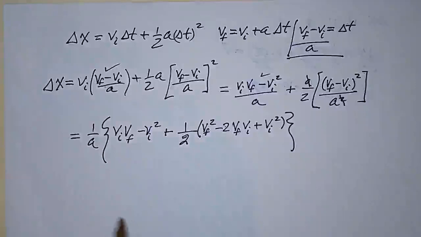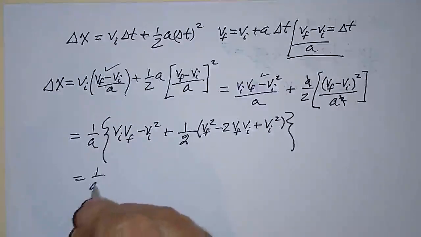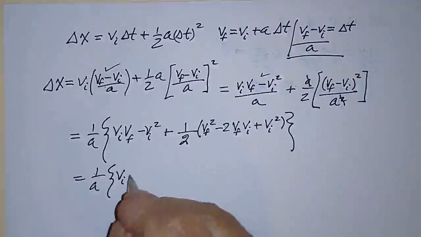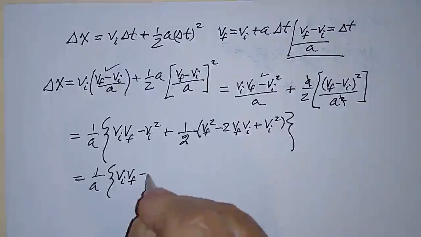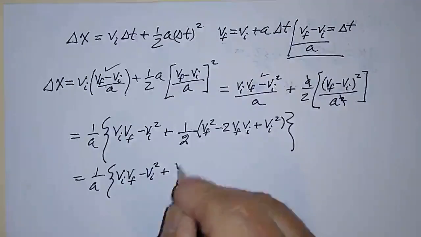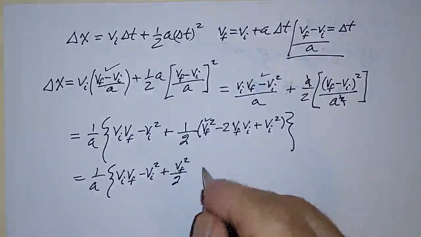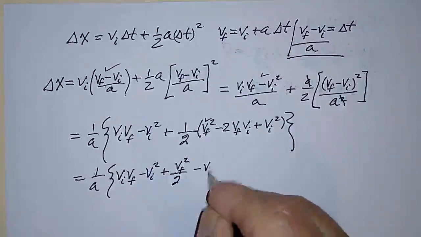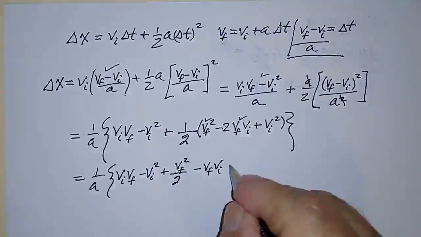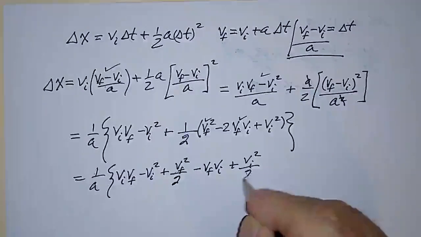And then I can just simplify this a little bit and write this as 1 over a times v initial times v final minus v initial squared plus v final squared over 2 from that term minus v final v initial from that term plus v initial squared over 2.